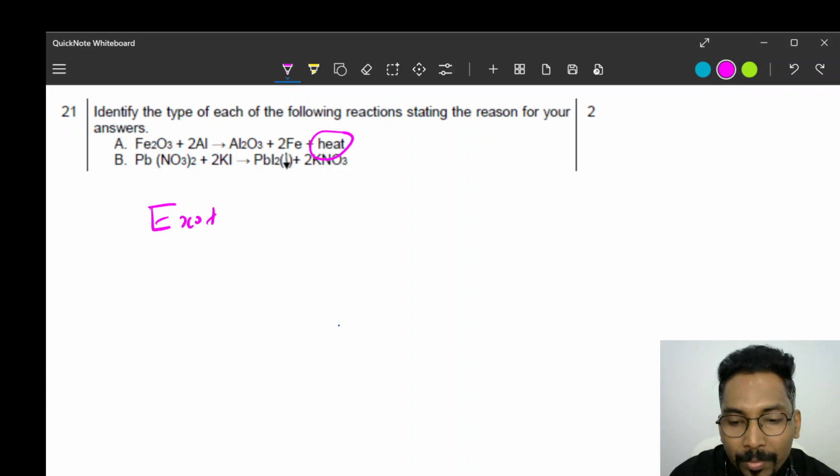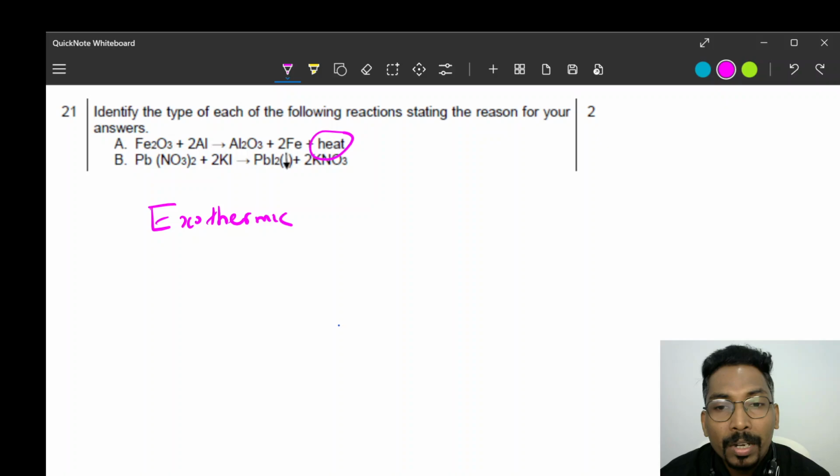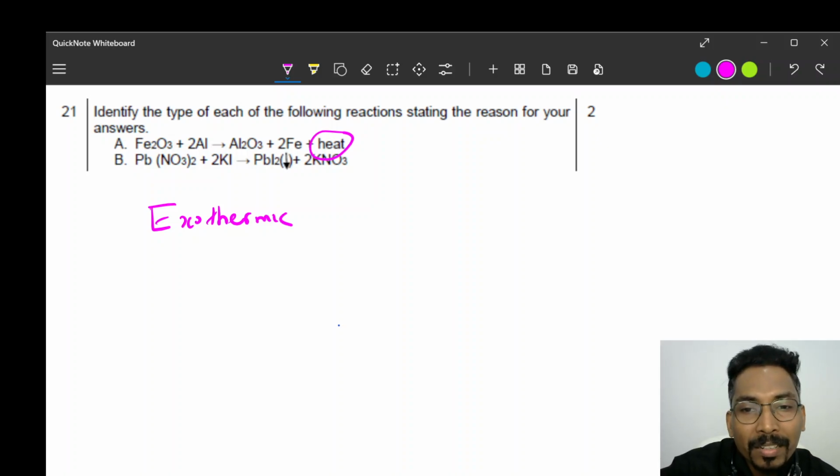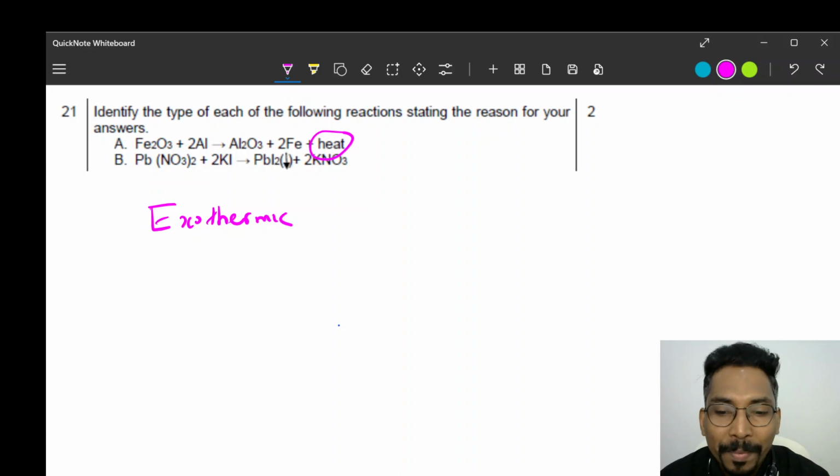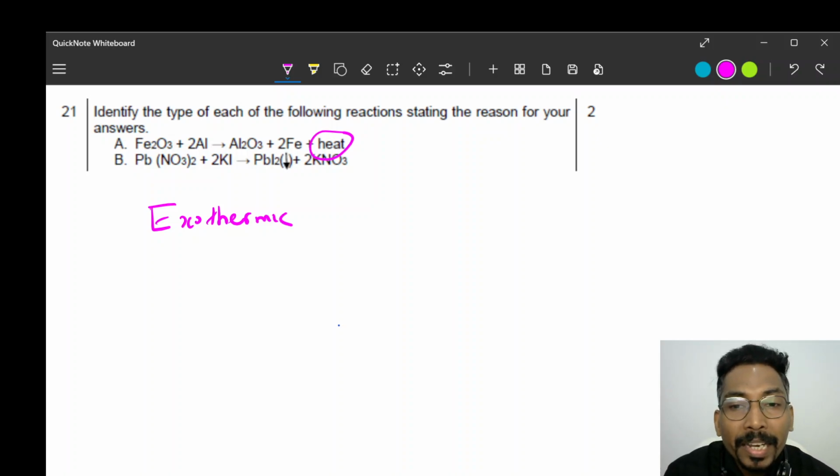Exothermic means this type of reaction releases heat energy outside. That's why that plus heat is given after the arrow mark. If that plus heat is before the arrow mark, you can confirm that the reaction is an endothermic reaction. So the first reaction is an exothermic reaction, which releases heat outside.